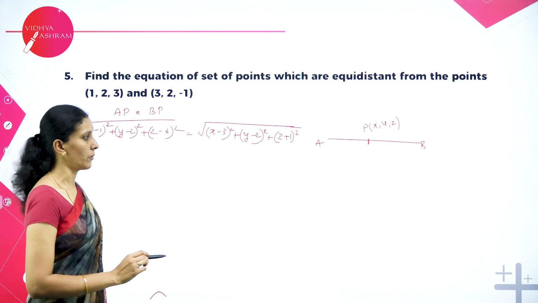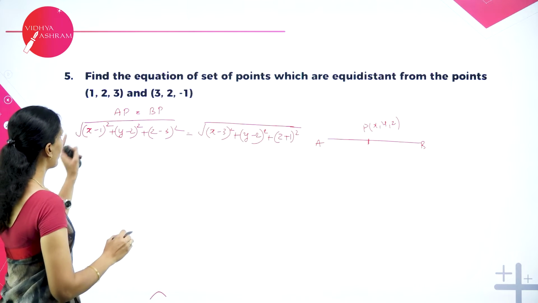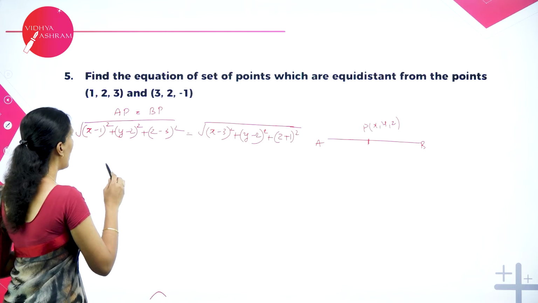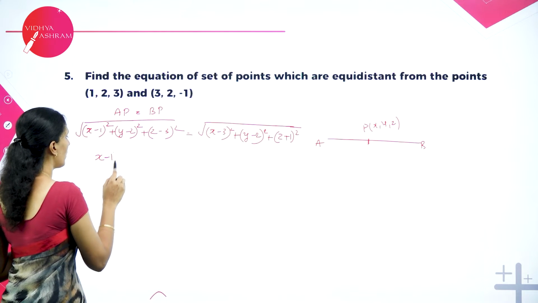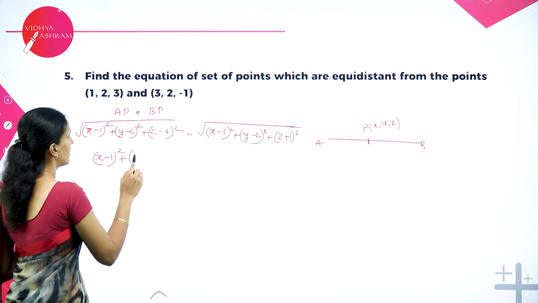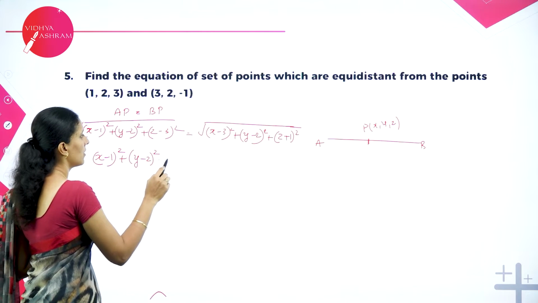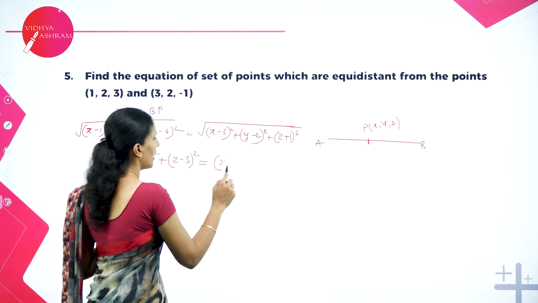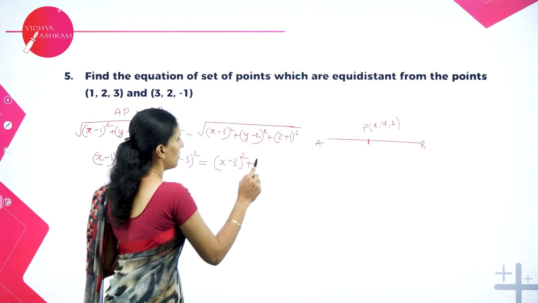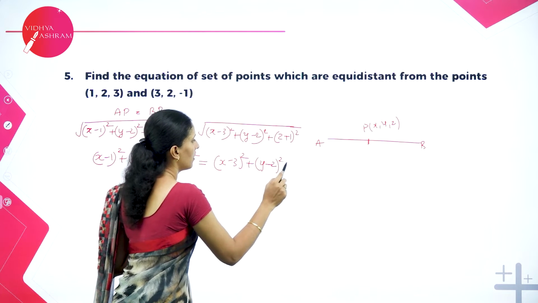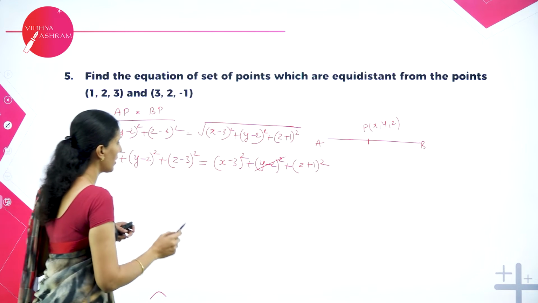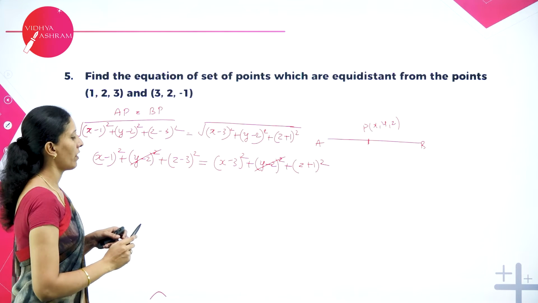Squaring on both sides, we can remove the square root. I am left with (x minus 1) whole square plus (y minus 2) whole square plus (z minus 3) whole square equal to (x minus 3) whole square plus (y minus 2) whole square plus (z plus 1) whole square. I can cancel (y minus 2) whole square on both sides.